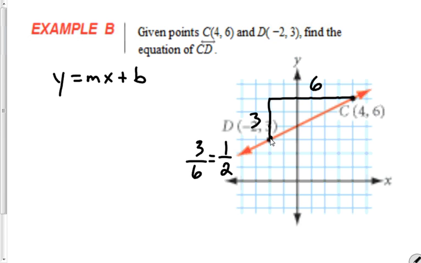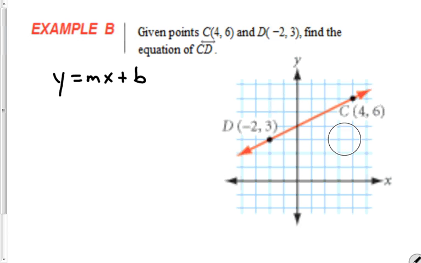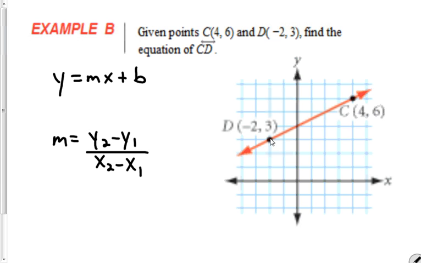The other thing that we could do is use the slope formula, and I think it's important to review that formula here. So let's do that real quick. Our slope equals y2 minus y1 over x2 minus x1. So if I call C my second point and D my first point, then y2 is 6 and y1 is 3.